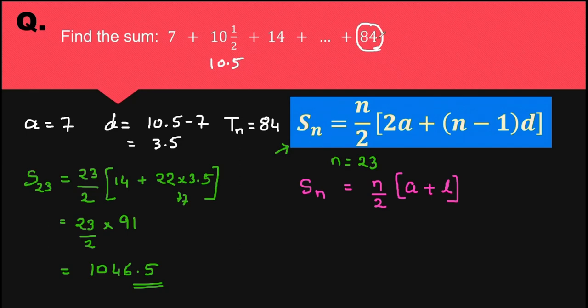This formula we can use only when we know the last term given in the question. So putting the values over here, 23 upon 2 times (7 plus 84), and that gives the same calculation, 23 upon 2 times 91. So the answer will remain the same.